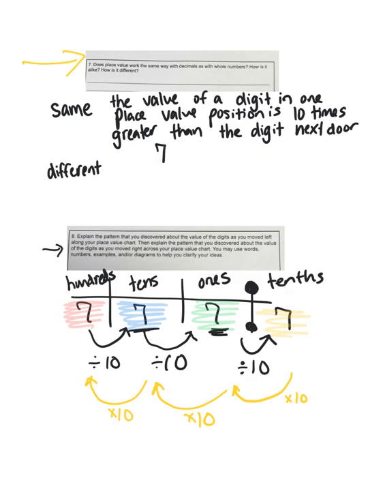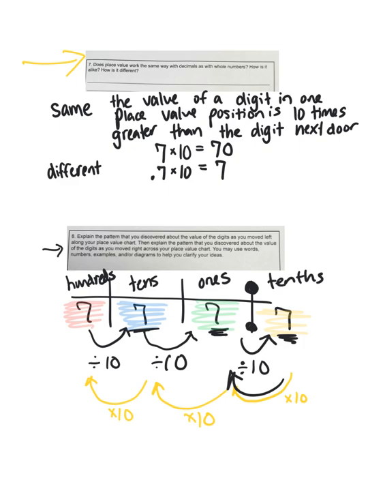So 7 ones times 10 will give you 7 groups of 10, or 70. And that also works with decimals. If you have 7/10, 7/10 times 10 will give you 7 ones. So that is true whether you're talking about decimals or whole numbers.